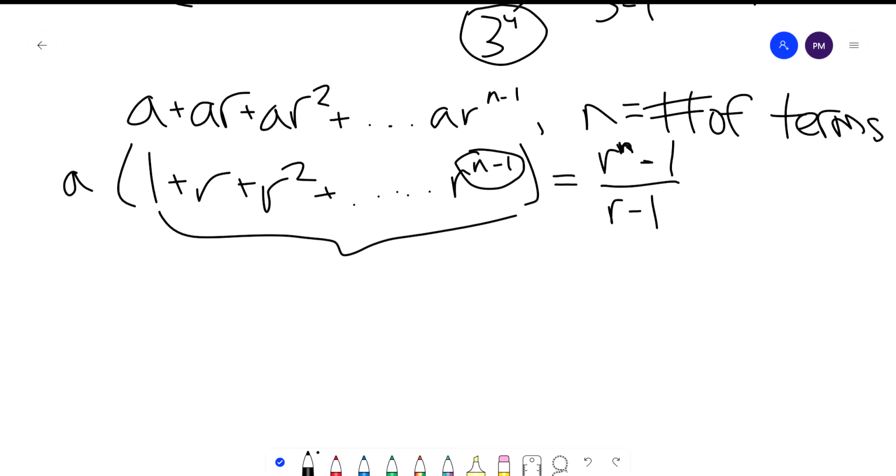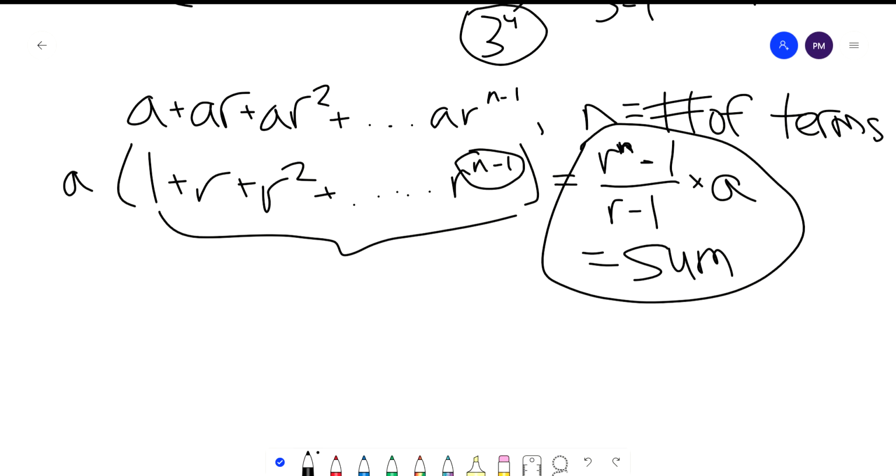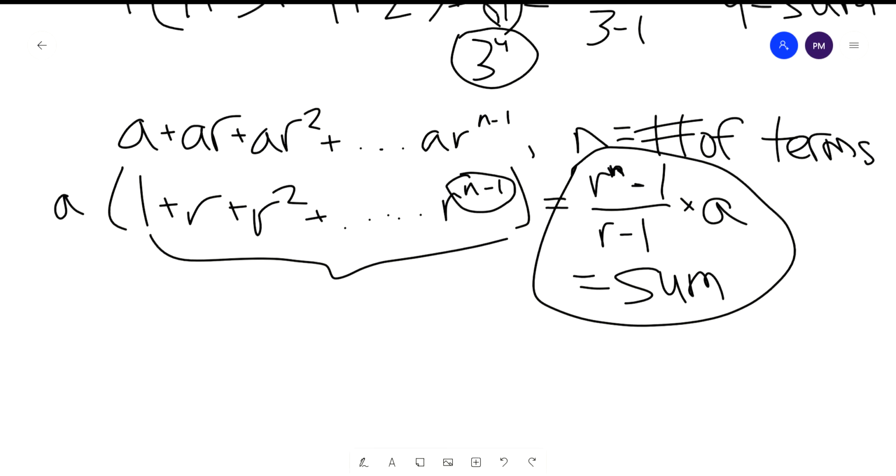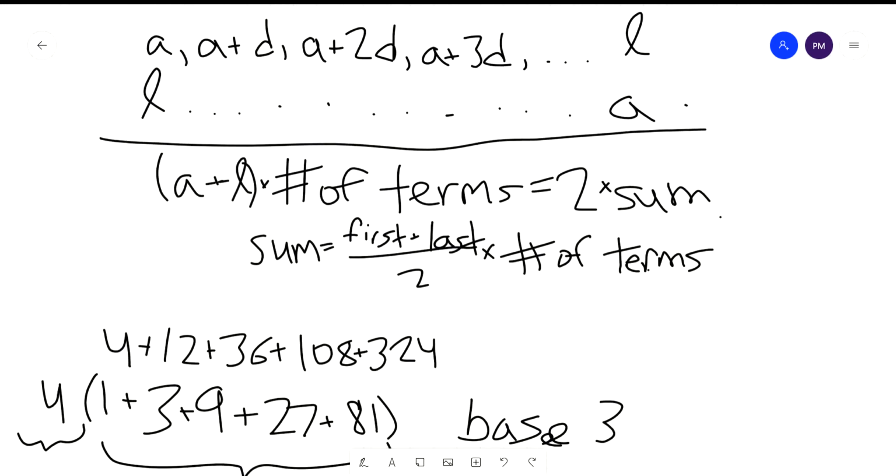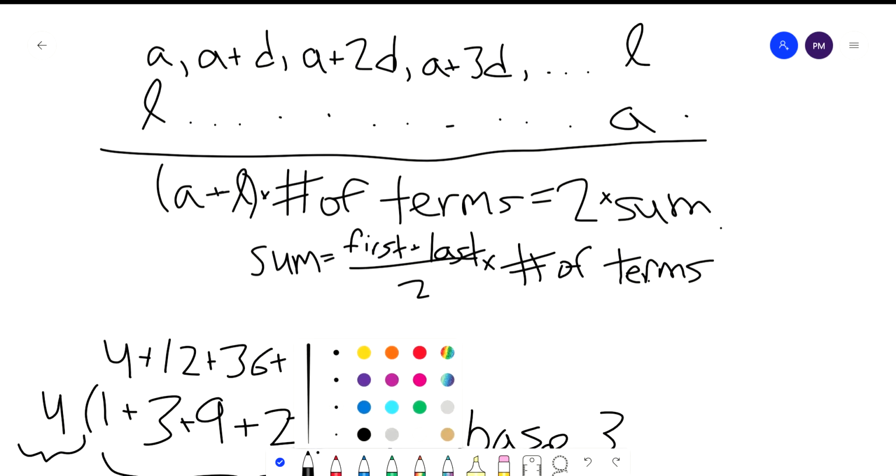And then of course we can multiply by a to get our explicit sum for any geometric sequence. So these two are what we found in this video.